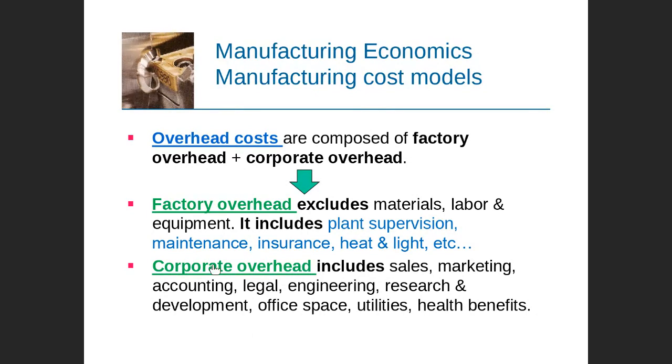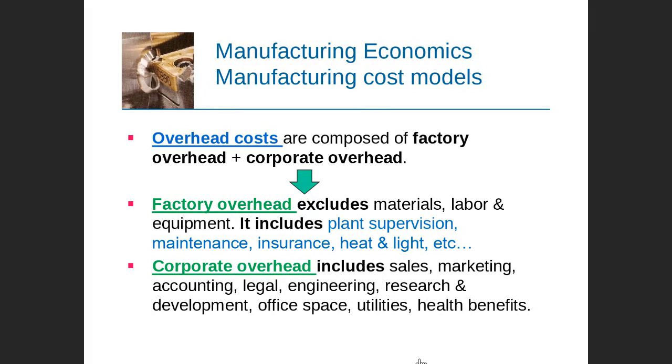Corporate overhead includes sales, marketing, accounting, legal, engineering, research and development, and so on. These are two different types of overhead cost. So all additional costs we call overhead, which is factory overhead and corporate overhead.